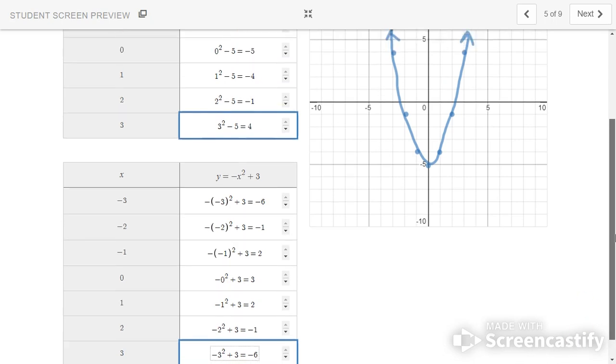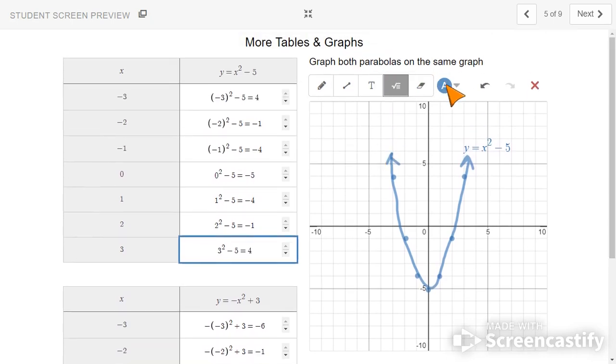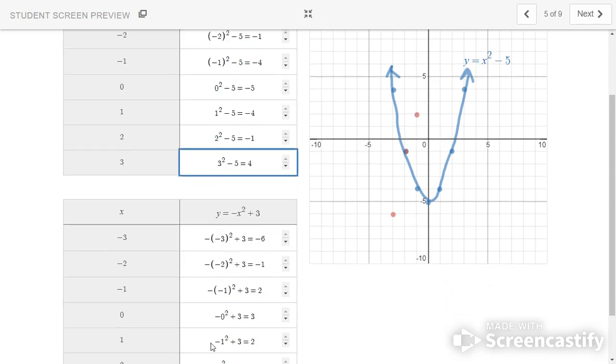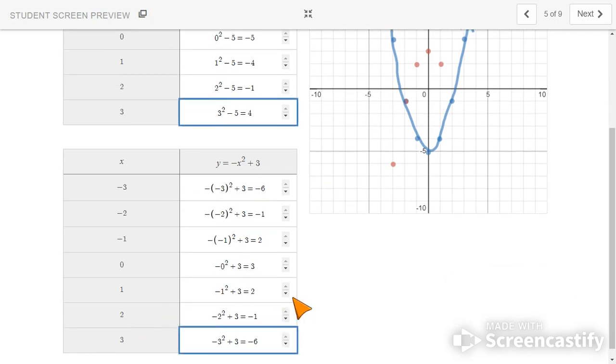I'm going to plot this into my graph now. I'll use a different color here. We first have -3, -6. Next, -2, -1. -1, +2. 0, +3. +1, 2. 2, -1.